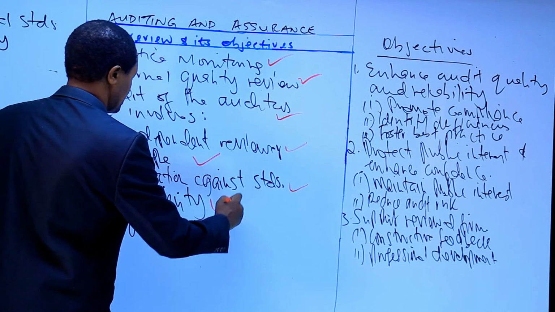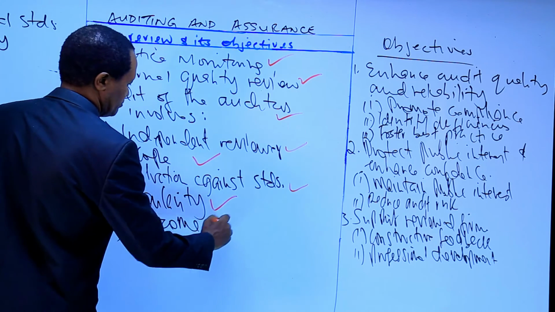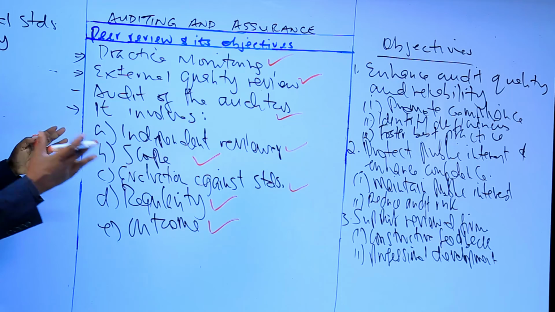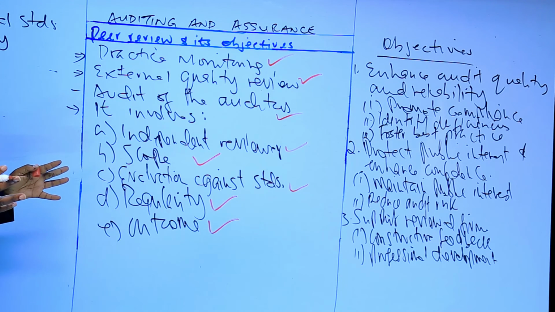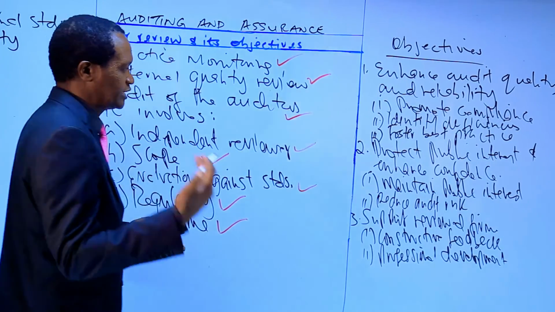Peer review is done on a regular basis, it could be after every 2 or 3 years. Then there is the outcome. So that is the meaning of peer review. It is a critical component of a firm's overall quality control system, and it serves as an external check on its adherence to professional standards.